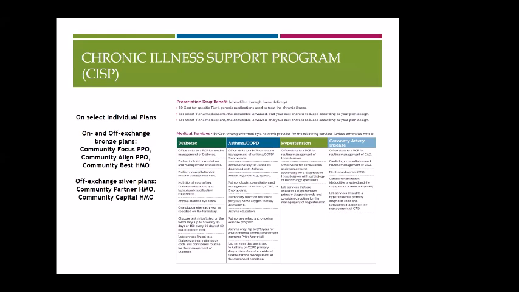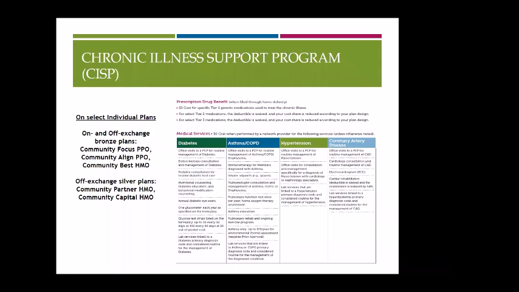The prescription drug benefit that is available through CISP when filled through home delivery includes 0 cost for specific Tier 1 generic medications that are used to treat the chronic illness. For select Tier 2 medications, the deductible is waived and the cost share is reduced according to your plan design. And likewise, for select Tier 3 medications, the deductible is waived and the cost share is reduced.